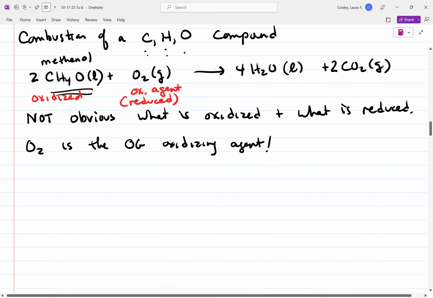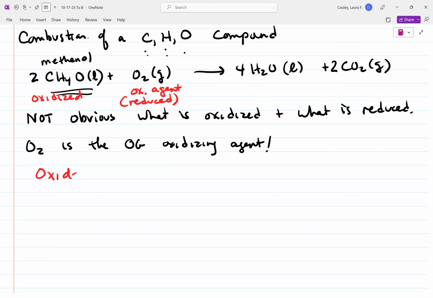And that is why chemists have come up with a set of oxidation number rules. What these rules do is assign numbers to all of the players, all the atoms within compounds in chemical reactions.